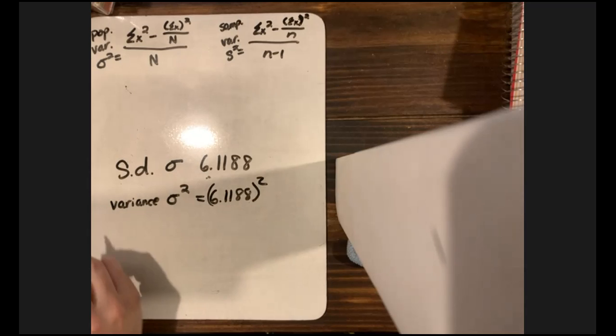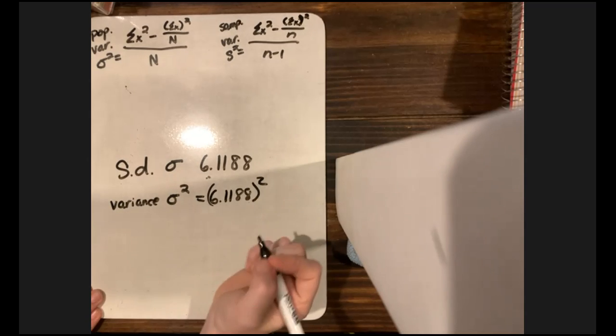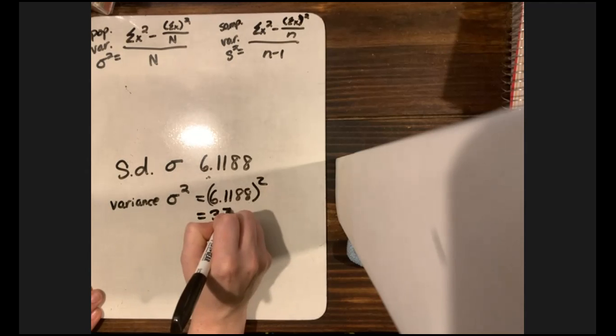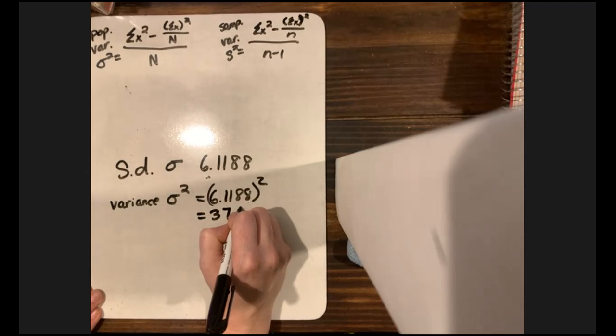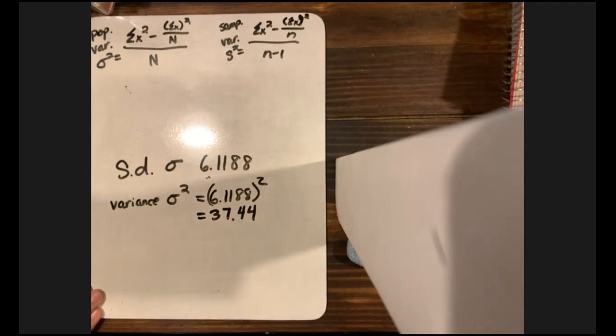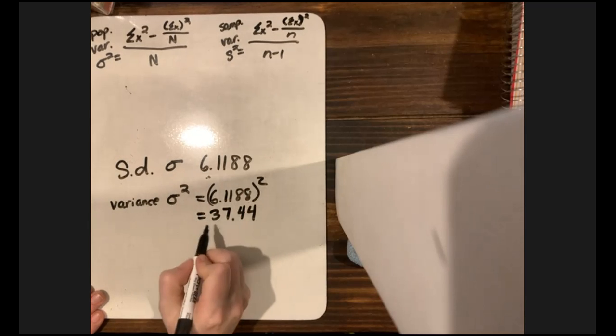Okay. Now, 6.1188. And so for that, I get 37.44 when that goes. Okay. I've got several spots that would round on that one. Okay. So we get this as our answer value for that one.